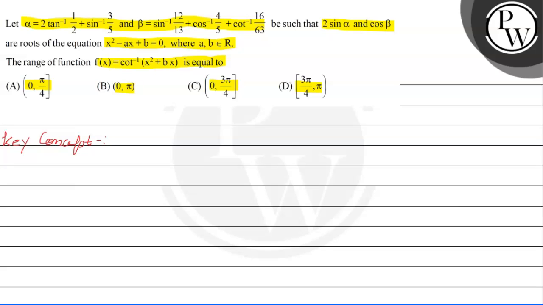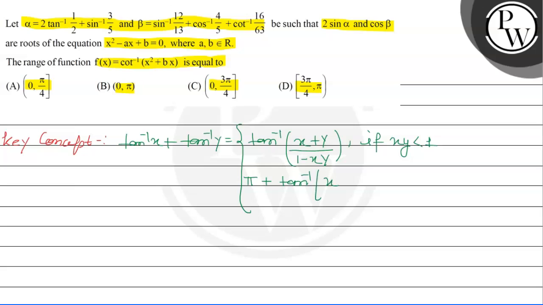So in this question I will use some identities like tan inverse x plus tan inverse y is equal to tan inverse of (x plus y) upon (1 minus x into y) if xy will be less than 1, and next will be pi plus tan inverse of (x plus y) upon (1 minus xy) if x will be greater than 0, y will be greater than 0 and xy will be greater than 1.